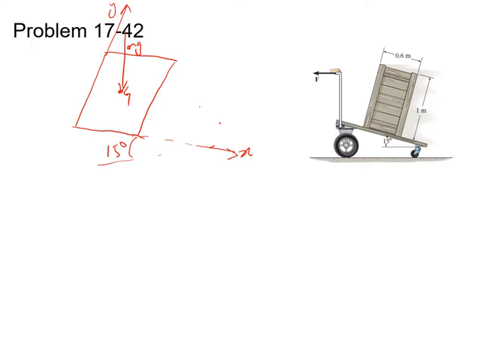We can then split the weight mg into two components, one acting in the x direction and one acting in the y direction, and this angle is 15 degrees. So this will be mg sin 15 degrees, as it is opposite the angle, and this component will be mg cos 15 degrees.